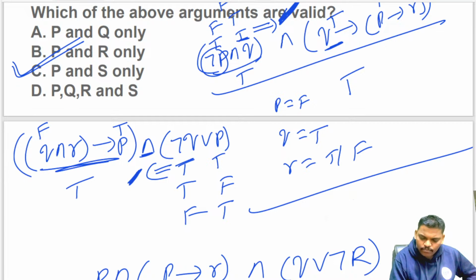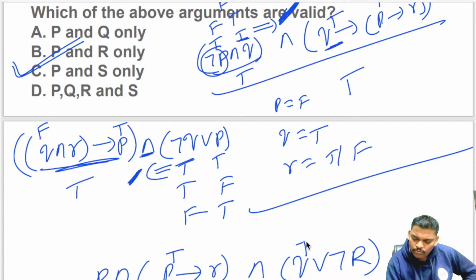Is P true? P true. This is also true. So R should be true. So I think now everything is fixed. R is already true. So if it is already true, it can be anything.